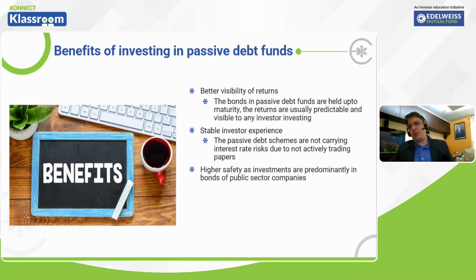The interest rate risk due to volatility on the interest rate side would be very low, as you're not actively trading papers but holding them up to maturity, making the investor feel more stable and comfortable by investing in any passive debt fund options.